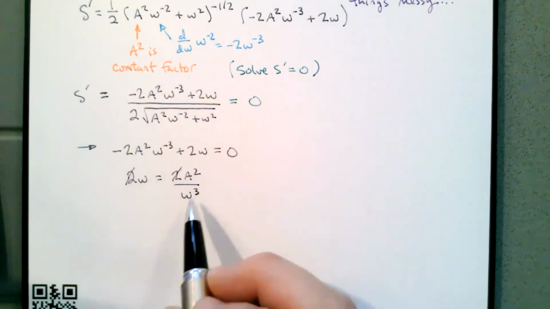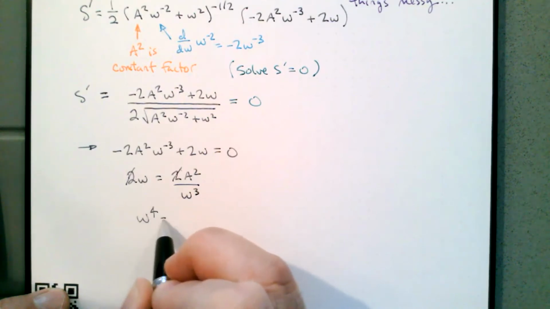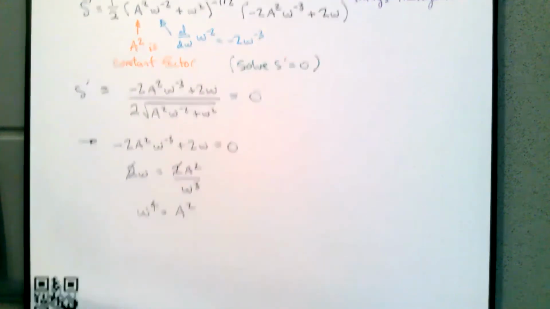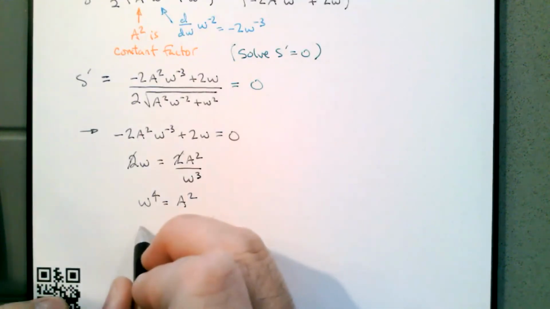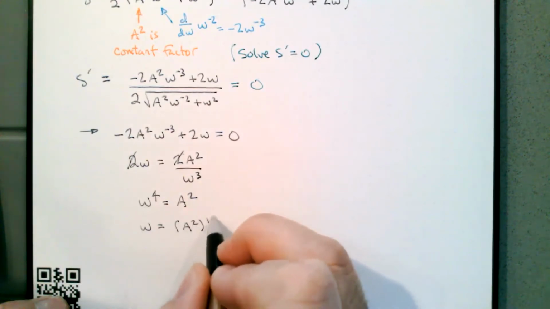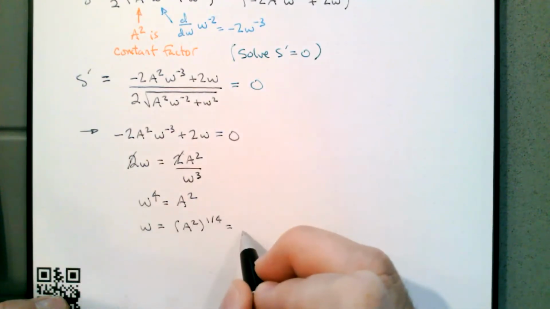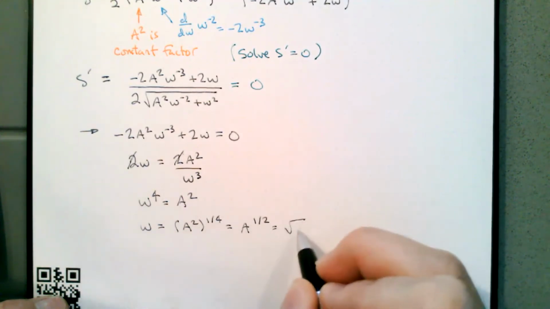That's beyond the scope of this problem. So I can multiply by W to the 3rd and say that W to the fourth is A squared. And now we're finding out that we're dealing with a square. If W to the fourth is A squared, then W is A squared to the 1/4 power, which is A to the 1/2 power, which is the square root of A.